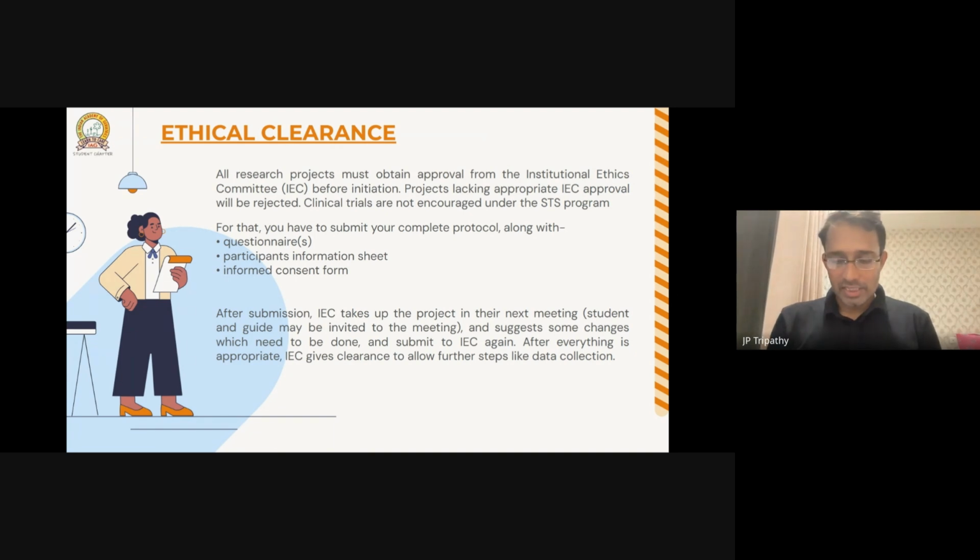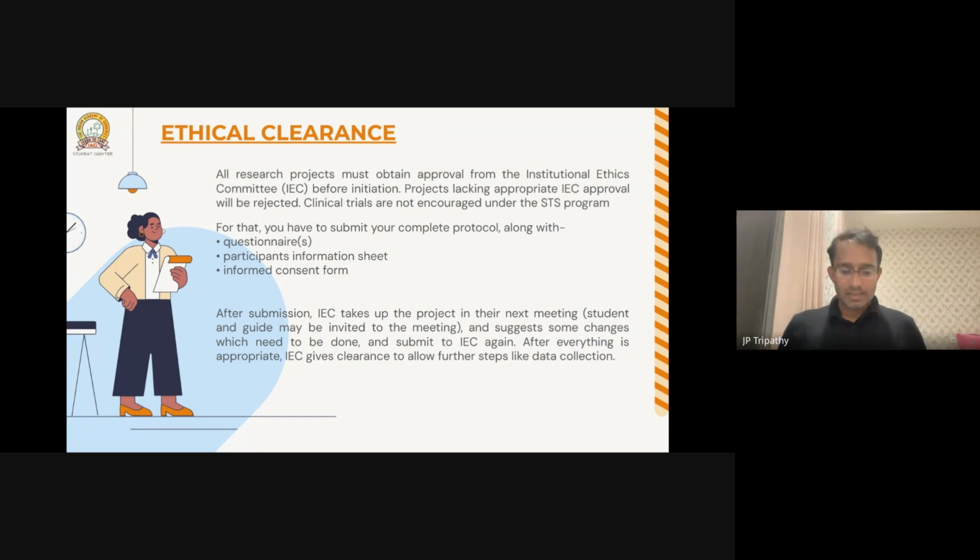Now, at this stage, you may not have an IEC clearance, but your guide can give an undertaking that you will submit this proposal to the IEC, or if you have already submitted to the IEC, an undertaking that it is under consideration, and if the project is approved, you will obtain IEC clearance before initiating the study or before data collection.